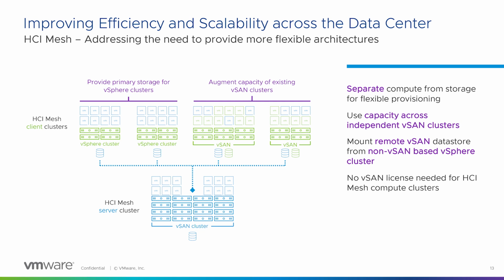What's new with the HCI Max, excuse me, vSAN Max that we announced here at the show is those clusters will not run VMs. So instead of having clusters that both run VMs and share storage, in that use case, you can build a big disk farm using vSAN and power multiple other clusters with storage and not have to license possibly all your enterprise applications for that storage cluster.